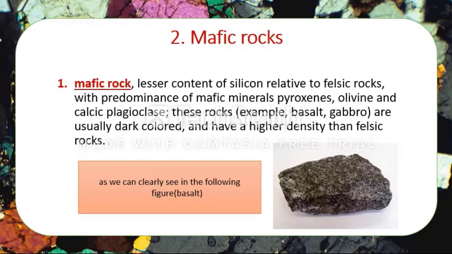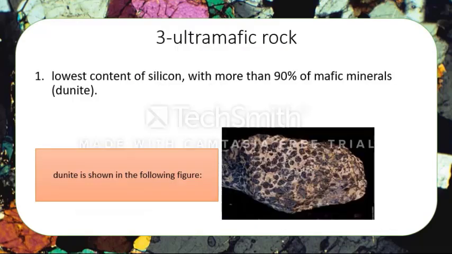Basalt and gabbro are usually dark colored and have higher density than felsic rock, as we show in the figure. Ultramafic rock has the lowest content of silicon, with more than 90% mafic minerals, which is dunite, as we saw before, mainly olivine and a small amount of pyroxene.